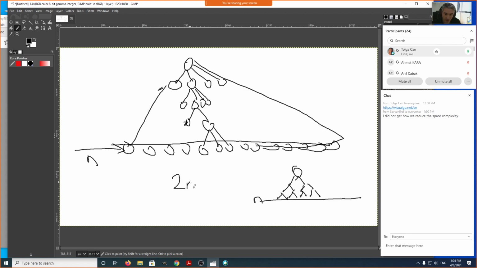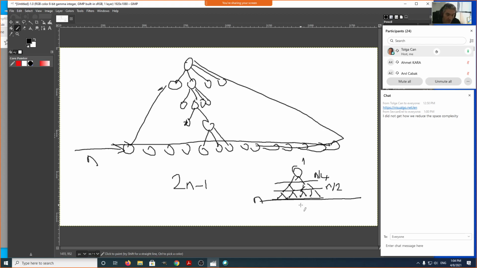It's going to be 2n minus 1, right? If it's fully balanced, I will have n over 2 nodes in this level, n over 4 nodes at this level, and 1 node in this level.